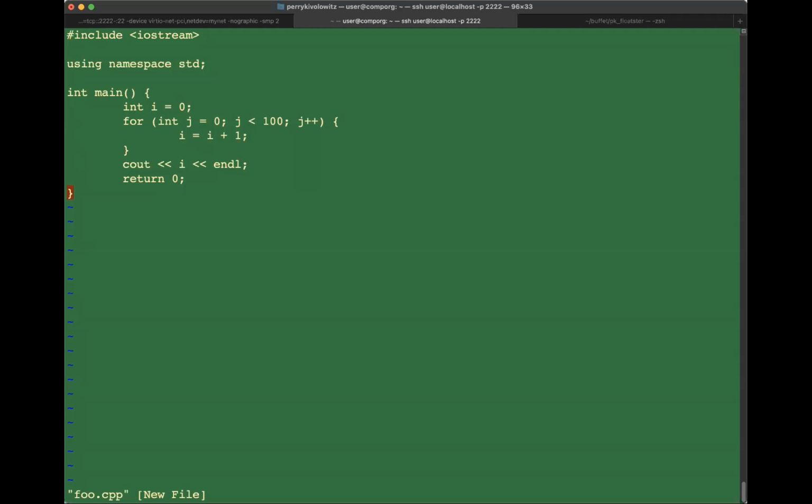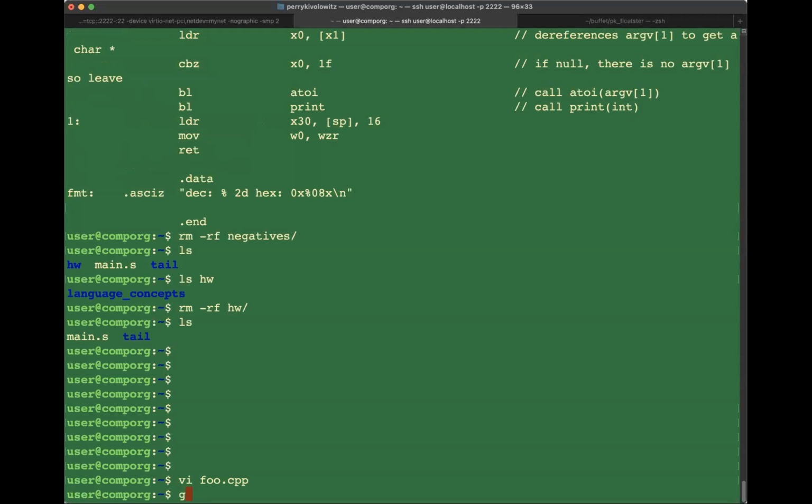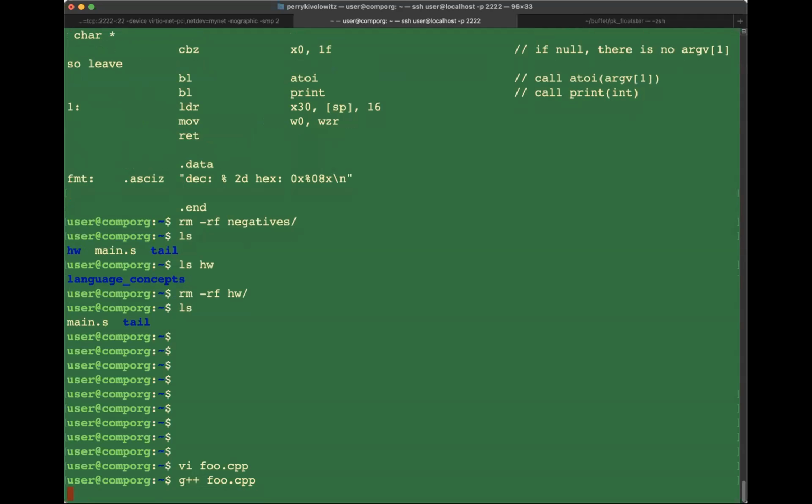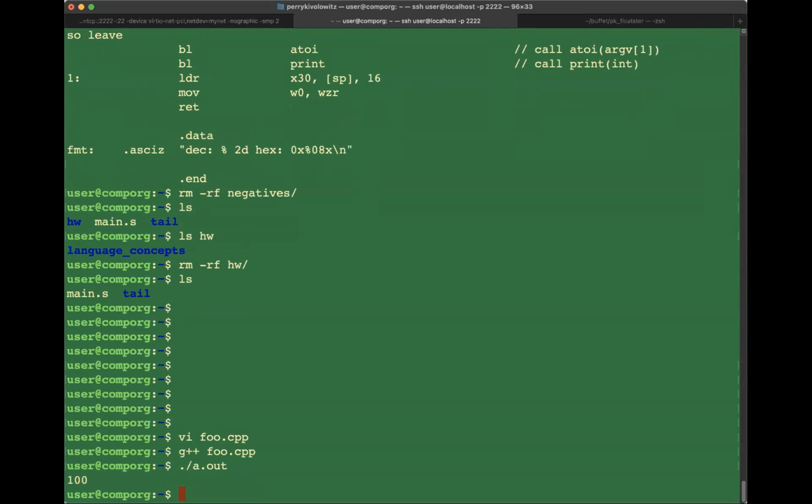It wouldn't be 99, because the loop would run when it's 99, but inside the loop it increases, so then it'd be 100. Okay, let's find out. g++ foo.cpp. Now this is my ARM machine, so it's a little slower. All right, let's run it. Good, we got 100.